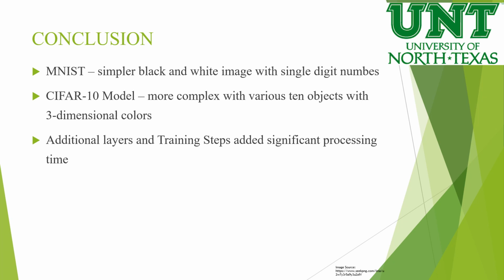As we talked about, the additional layers and the training steps added significant processing time to the overall convolutional networks as we were going through the training and testing steps. The time was much more.